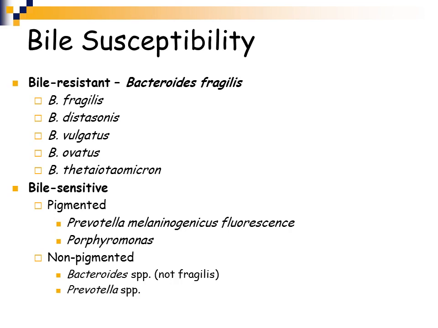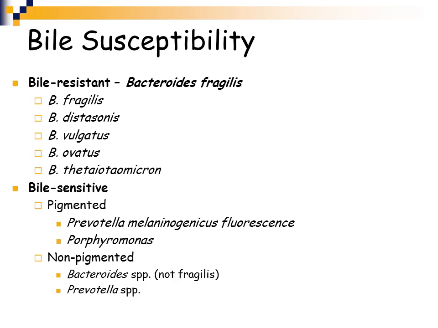There are some other Bacteroides species in the fragilis group that are resistant to bile. Now, other anaerobes are sensitive to bile. So it's really important to remember that Bacteroides fragilis and the members considered to be within the fragilis group are highly resistant to antibiotics and resistant to 20% bile.